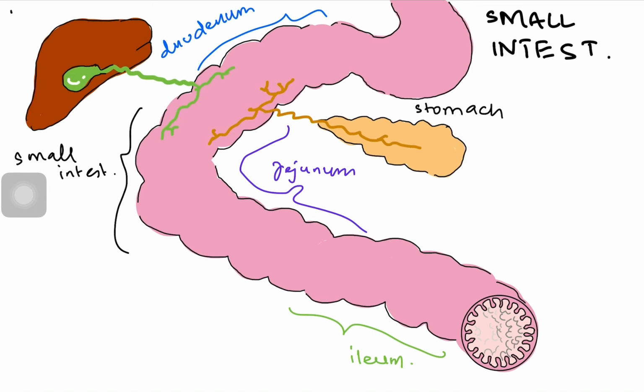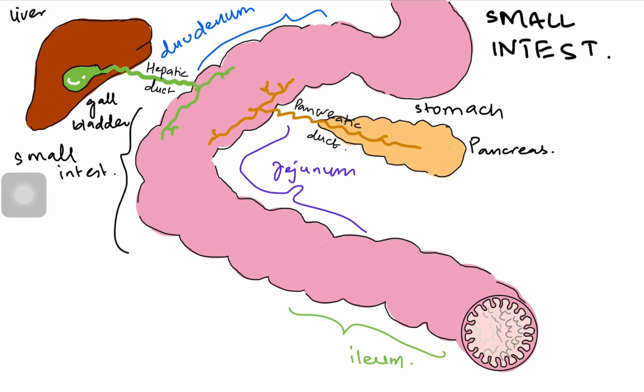Digestion happens in the duodenum and jejunum with the help of the liver and pancreas as supporting organs. The liver has a gallbladder which stores a chemical known as bile. And then the pancreas is near the stomach, which has a duct known as the pancreatic duct. From the liver, the bile duct comes into the intestine, which is known as the hepatic duct, and from the pancreas you get the pancreatic duct.